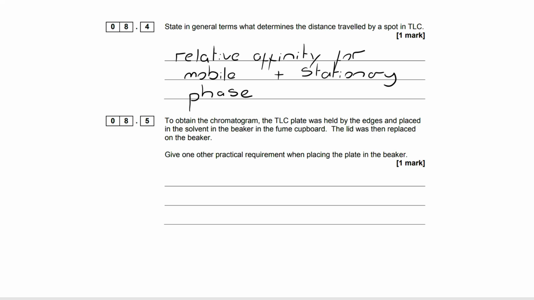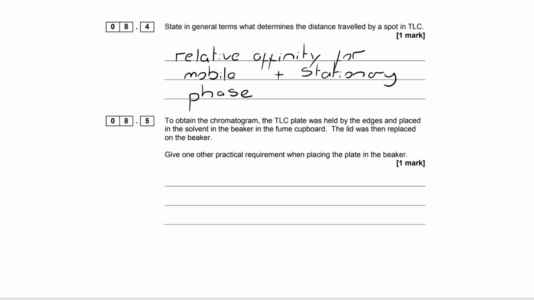Now, what we mean by that: if they have a greater affinity for the stationary phase, they will travel less far up the paper or up the TLC plate, and if their affinity for the mobile phase is greater, they will be carried further by the solvent. But this is what we're looking for as the answer for 8.4.